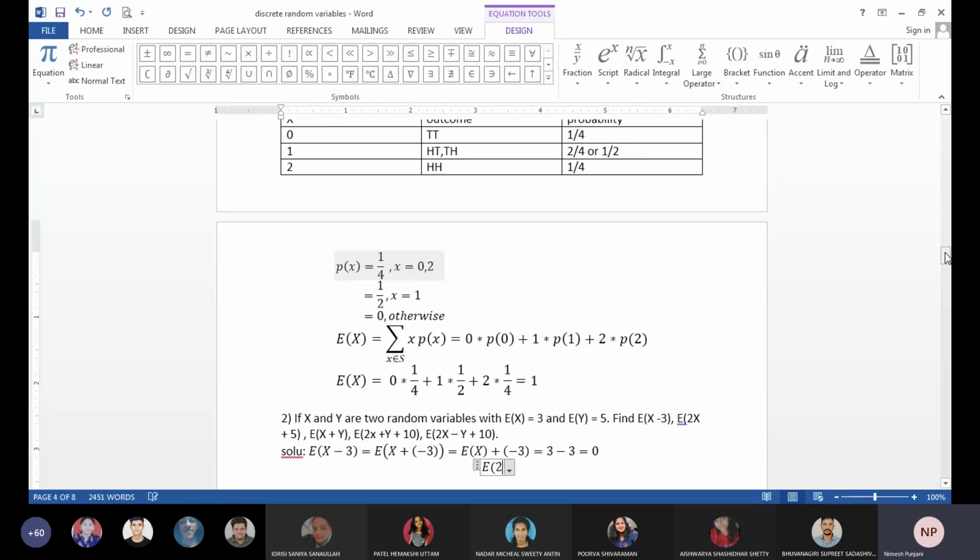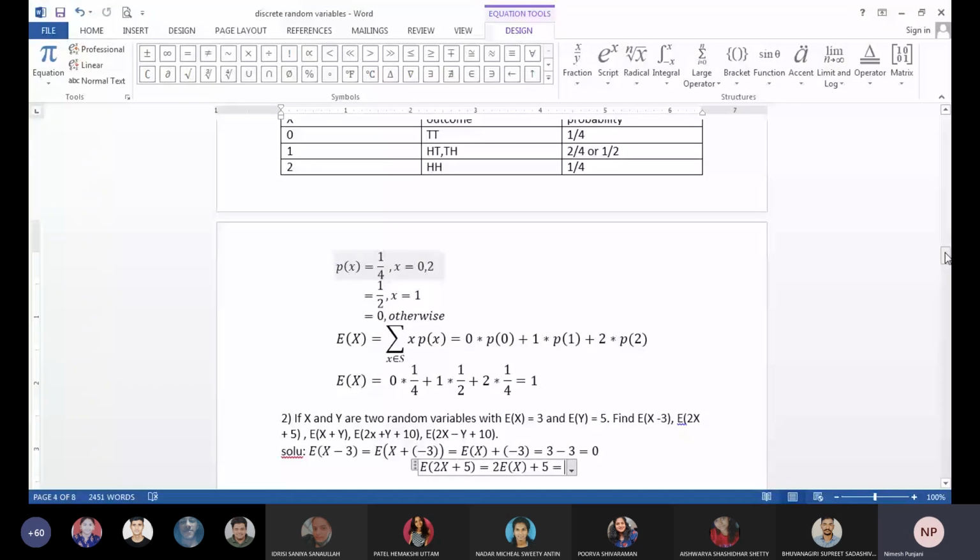Okay. Second is expected value of 2x plus 5. Use the third property. Expected value of ax plus b. What does your third property say? Expected value of ax plus b is a times expected value of x plus b.